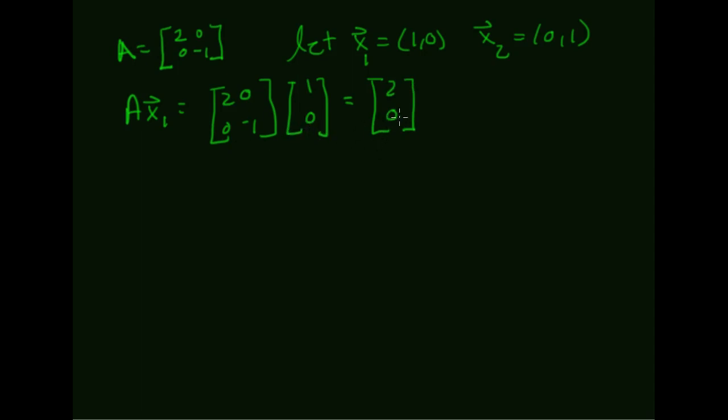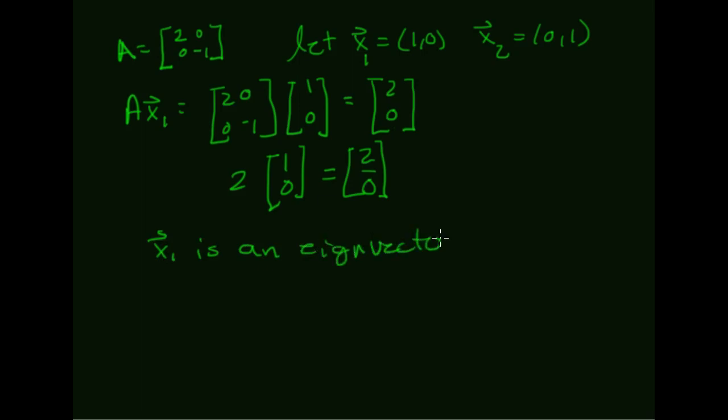Now, you're going to note that 2 times (1, 0) is (2, 0). This means that the vector x1 here is an eigenvector, and the corresponding eigenvalue here is going to be lambda 1, which is equal to 2, because A times x1 is the same as 2 times x1.